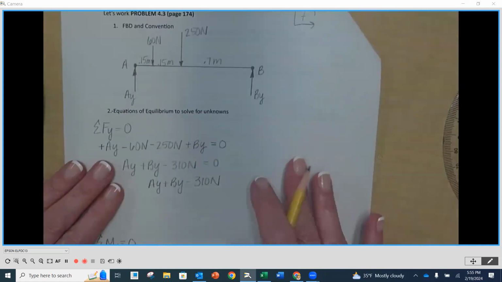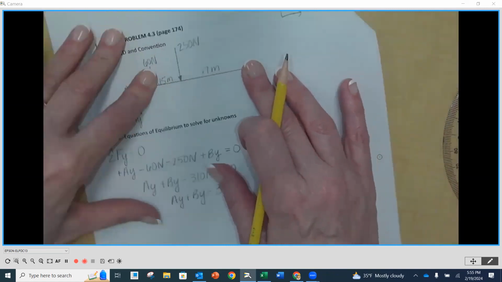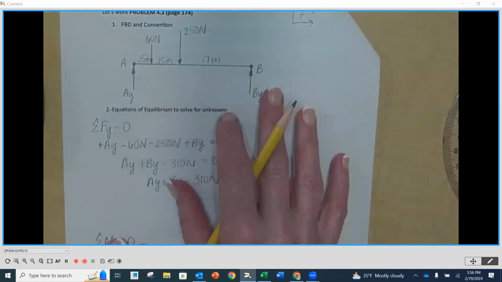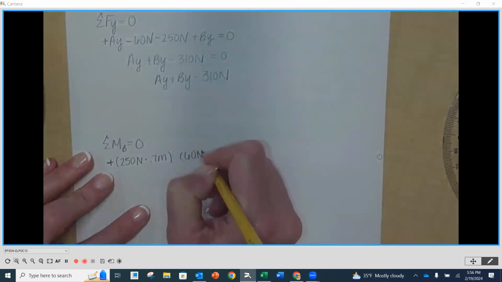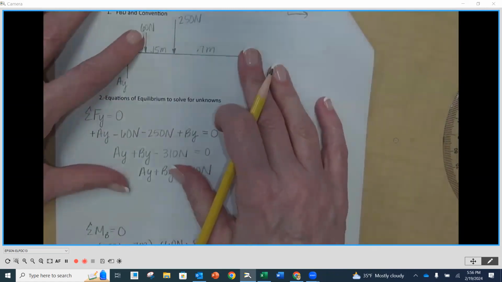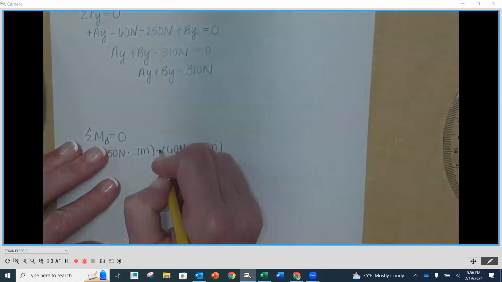Put my finger back on B, and I'm going to go 60 newtons. That's going to cause rotation as well. 60 newtons times 0.85 meters. And it is also going to rotate counterclockwise, so it's going to be positive.